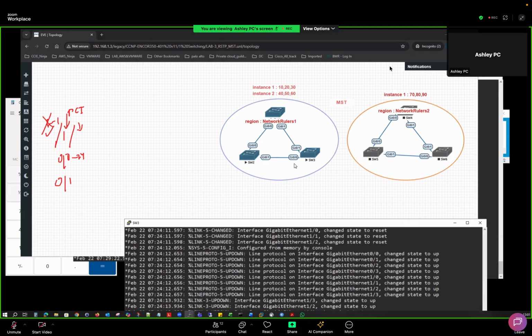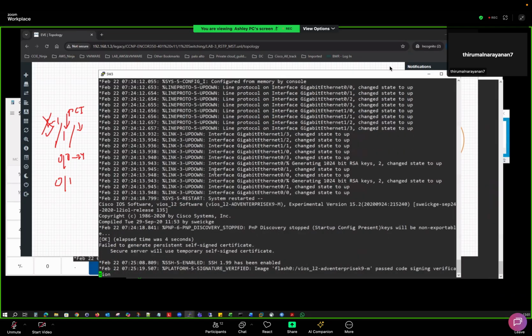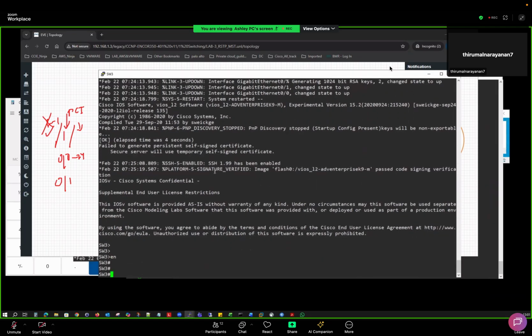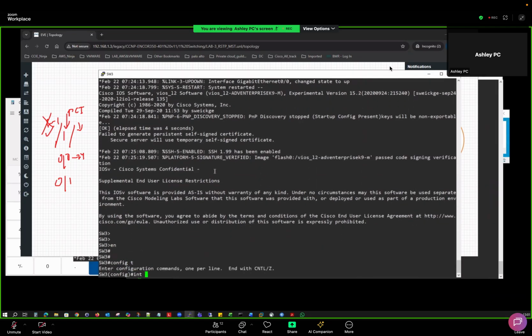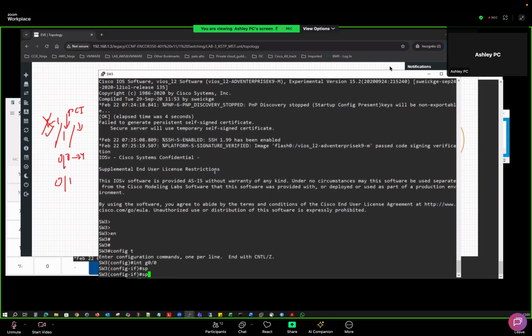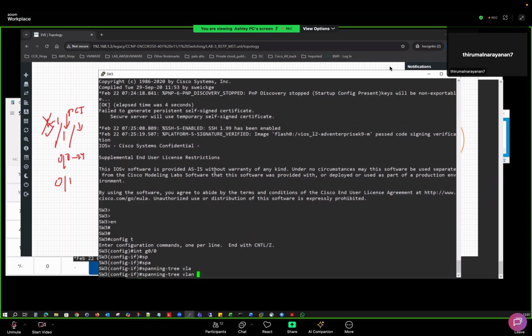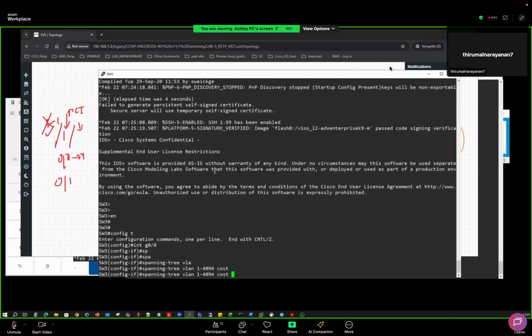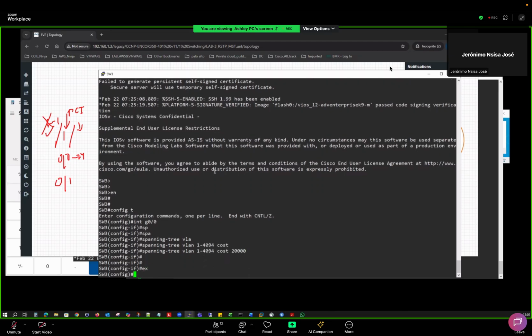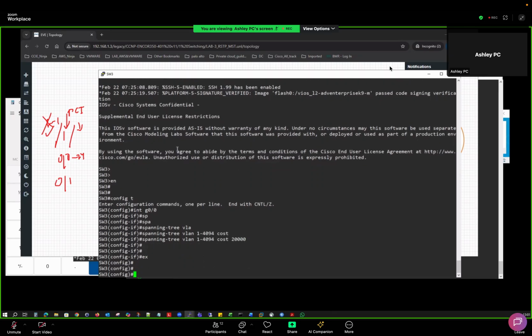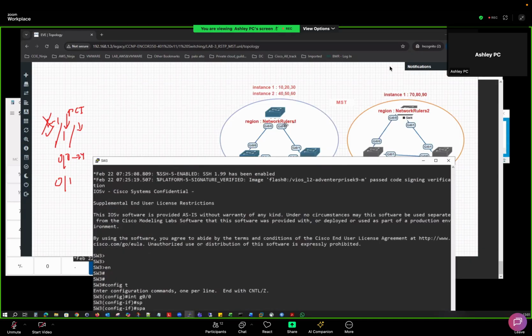For that port 0/0, config T interface port 0/0, spanning tree, right? VLAN 1 to 4094. What is the cost? Simple cost, we have 20,000 which we are going to give them. Yes. Now I will go to switch 1 for gig 0/1.